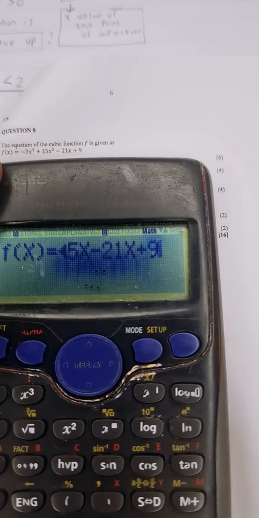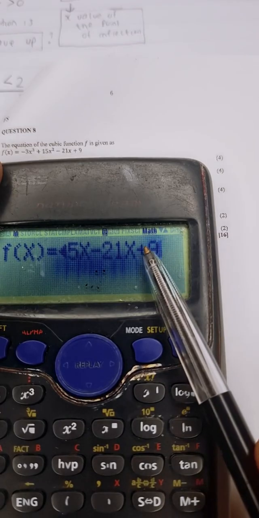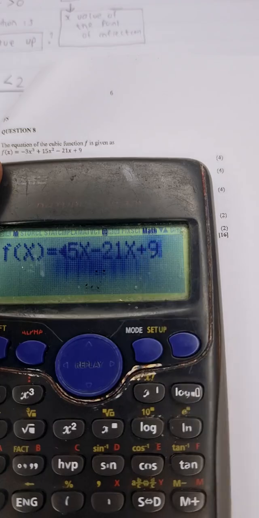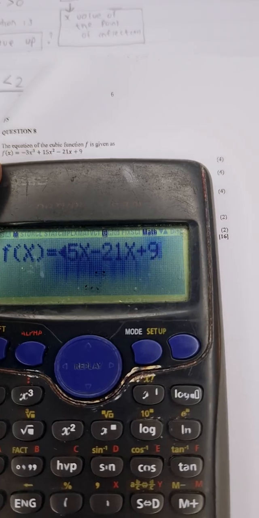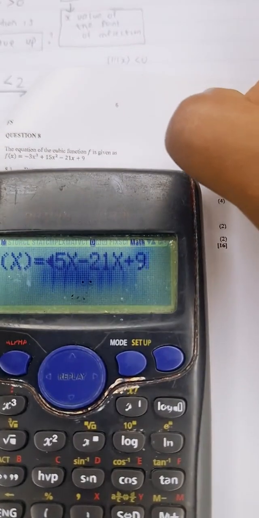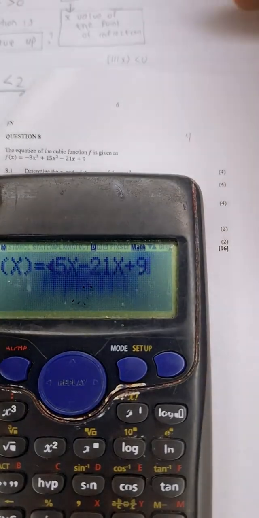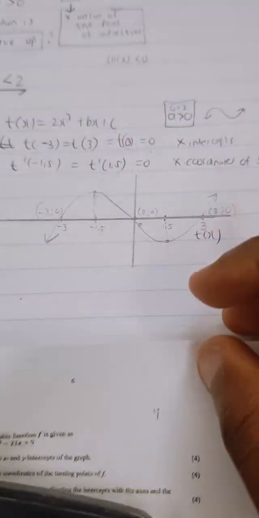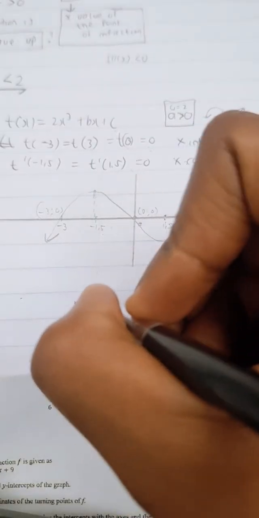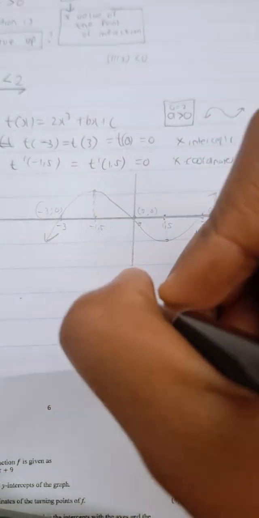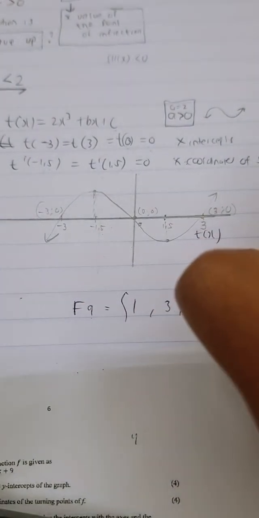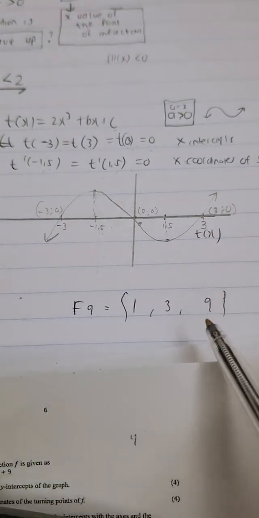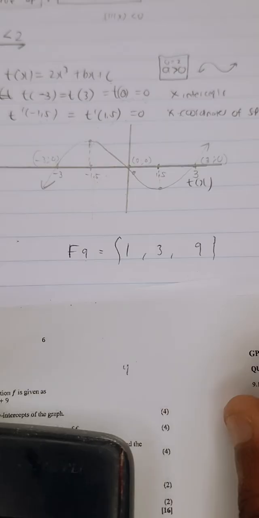So I'm looking at the last constant, which is positive 9, and I'm thinking to myself, what are the factors of 9? I'm thinking of 1, 3, 9.